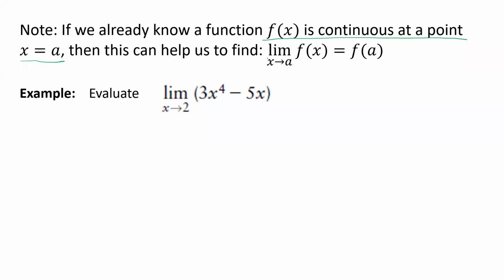Because by definition, if this function is continuous at this point, we know that the limit of this function as x approaches a should equal the image of this function at this point, right?